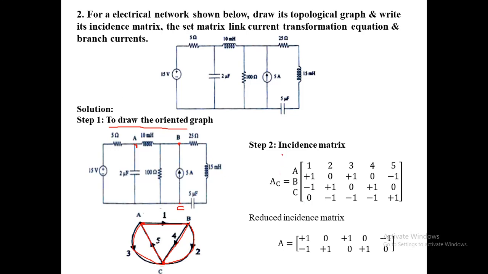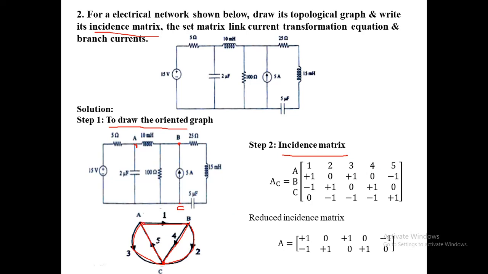Next step, incidence matrix. In the problem they asked us to find the incidence matrix. In this oriented graph, it is having 3 nodes, A, B, C, and then 5 branches. This row represents the nodes and this column represents the branches.